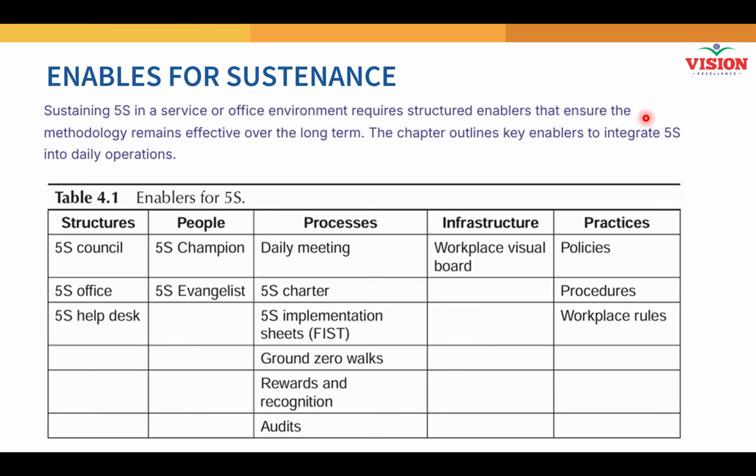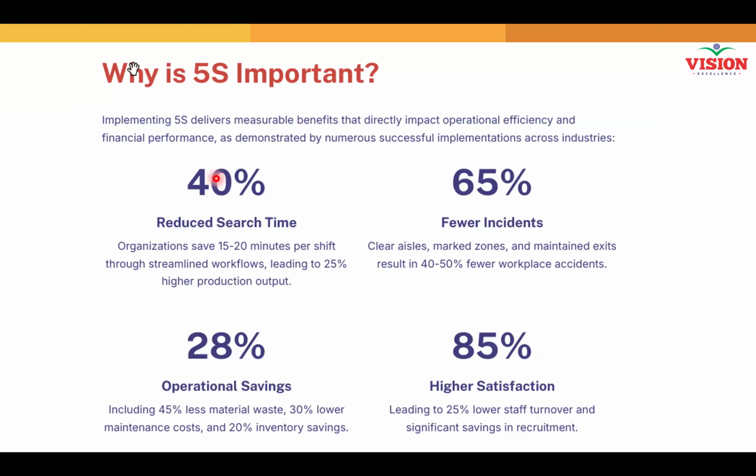Otherwise, 5S might end up being implemented in just one or two areas. But if you create this kind of infrastructure of people, committees, and processes, you will be able to continue the journey as per your original implementation plan.